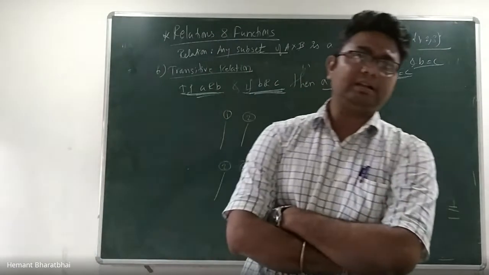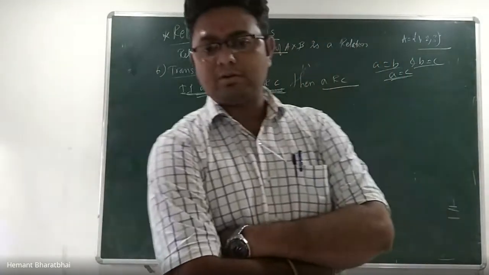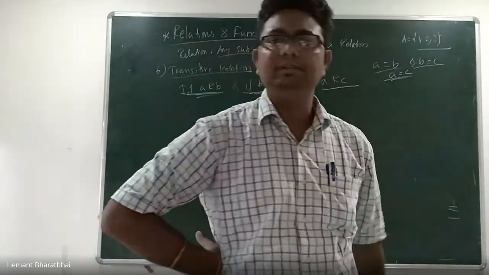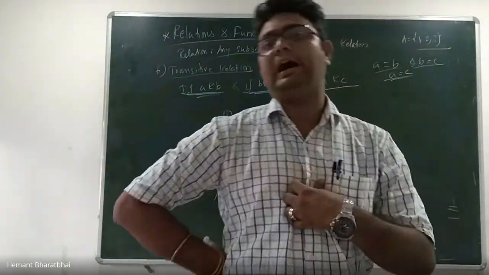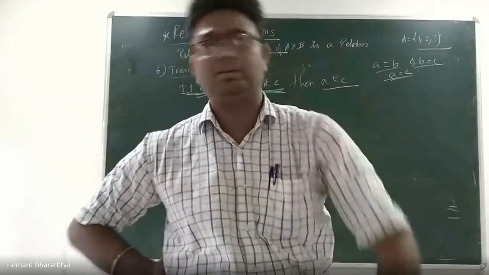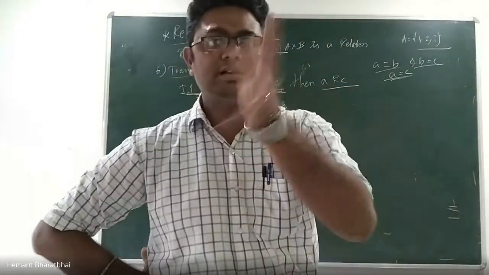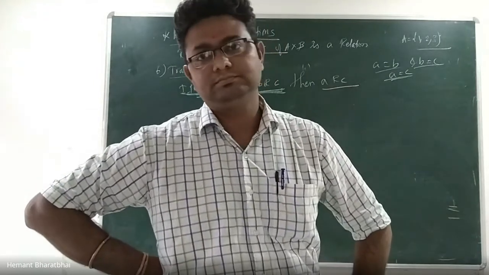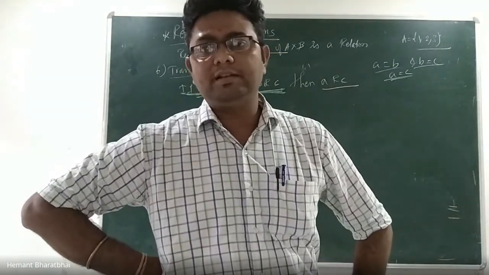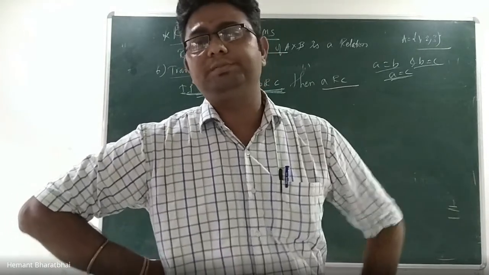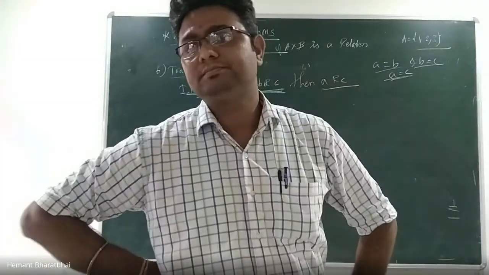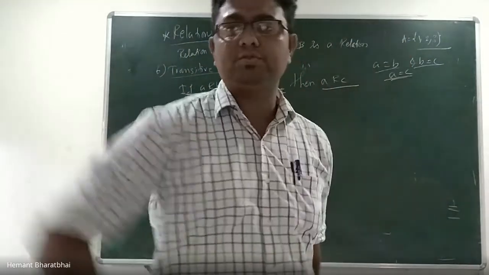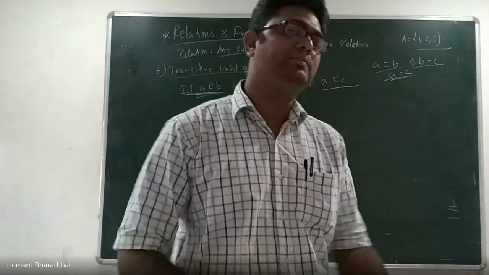Only if I am related to Perfect Academy, you are related to Perfect Academy, and at the same time you are also related to a school, then I can think of my relation with your school. Otherwise, there should not exist any relation between your school and my school. The only reason I can be related to your school is because of this Perfect Academy. But if there is no Perfect Academy, then there is no relation between me and the school. It is as simple as that.